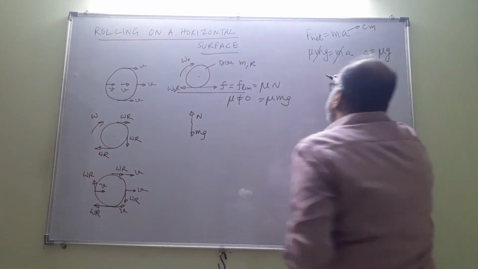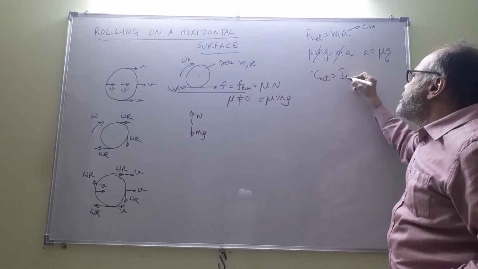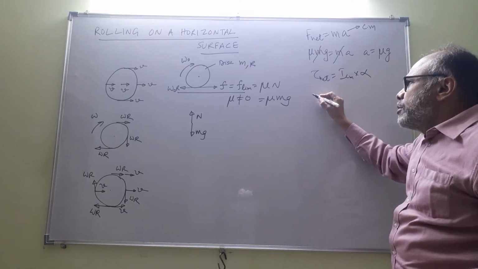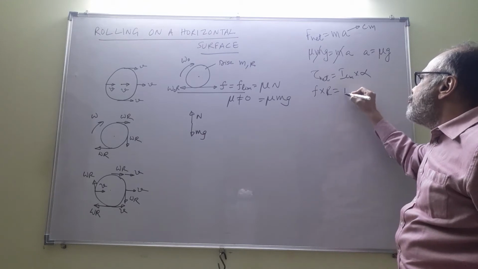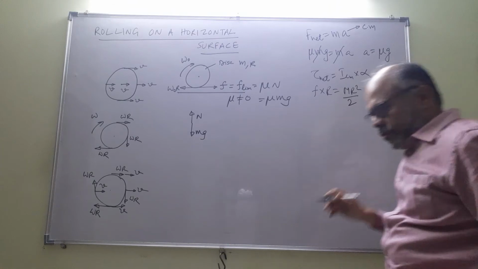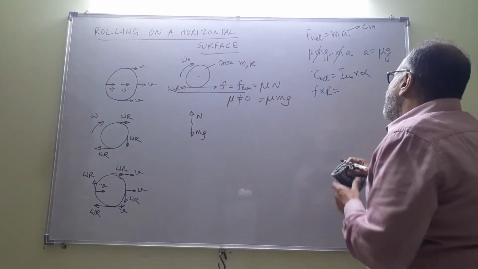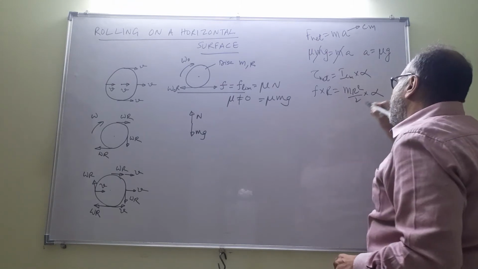So let us see what that torque is. We have net torque equal to I CM times alpha. Net torque would be F times R. I CM would be mr squared by 2, so this would be mr squared by 2 times alpha.